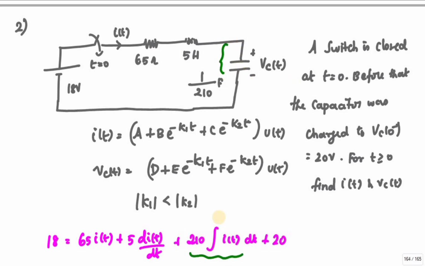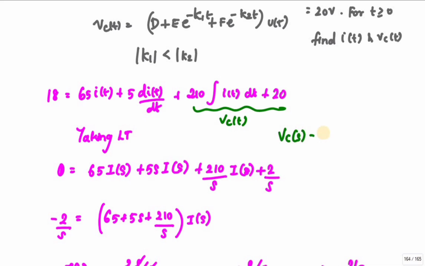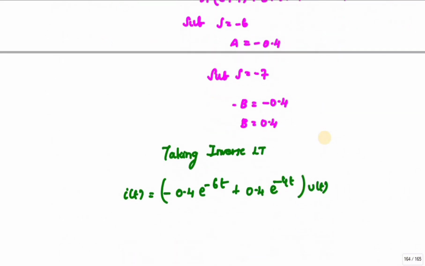So now I can see this whole term is nothing but Vc(t). So what is Vc(s)? 210 divided by s into I(s) plus 20 divided by s. This is your Vc(s).